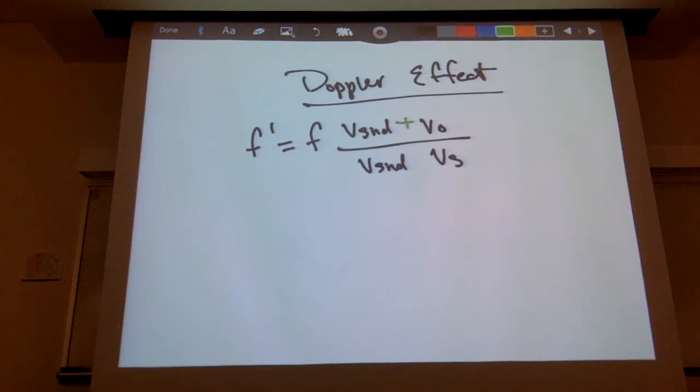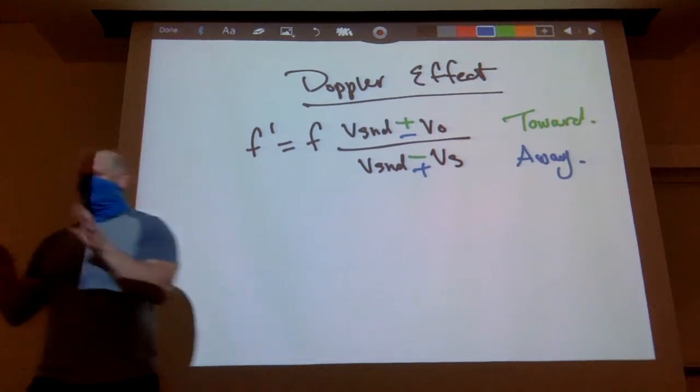So this is going to be plus minus or minus plus. The green here corresponds to when it's moving toward. The blue corresponds then when it's moving away.